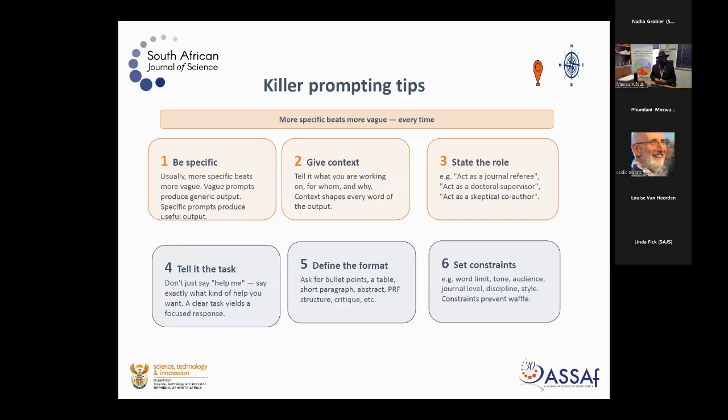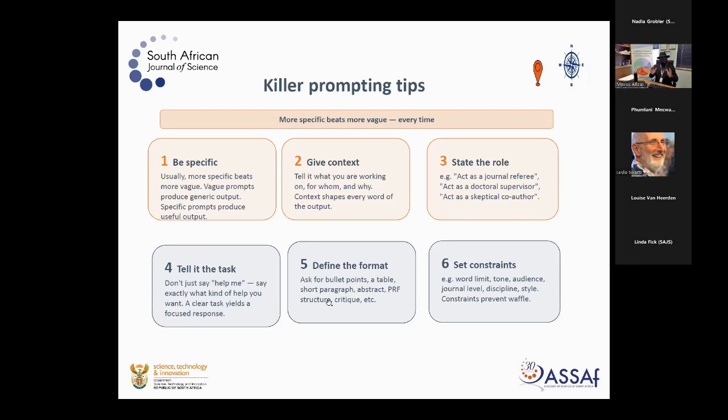Be specific, give the context, state your role, who you are, and tell the task. Define the format of your work. So ask for a bullet point, a table, or maybe a short paragraph, the abstract structure or flow, the pitching research framework structure, or the critics.